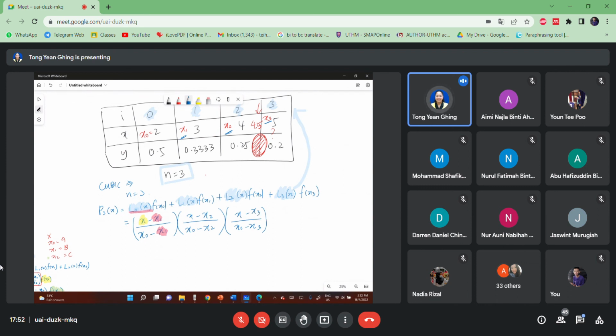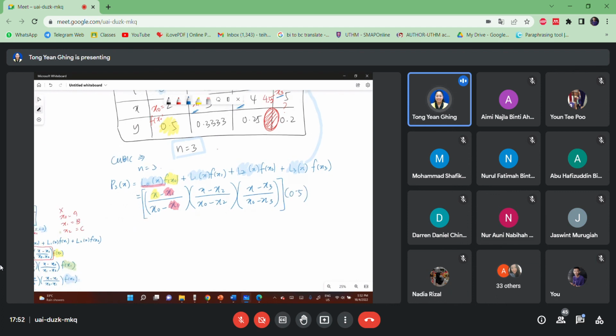Can you, Syafiq? Is it clearer now? That is the weighting function. After that we will multiply with the value of f(x0), that means the value of y, which is this 0.5.